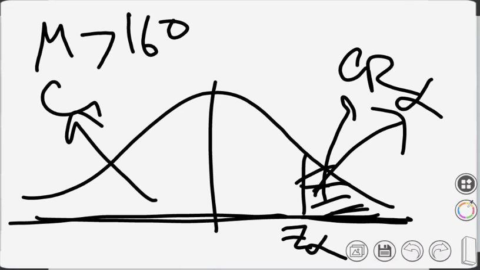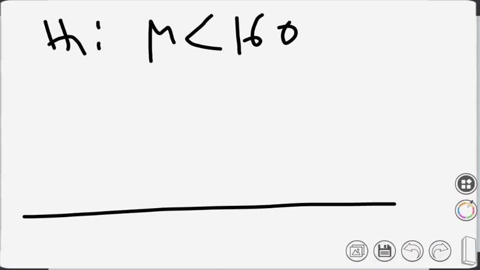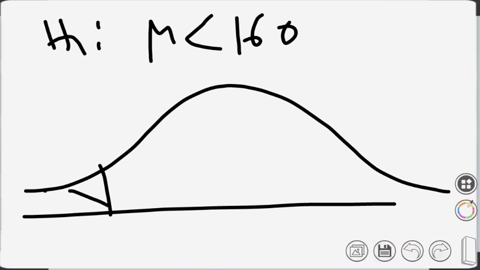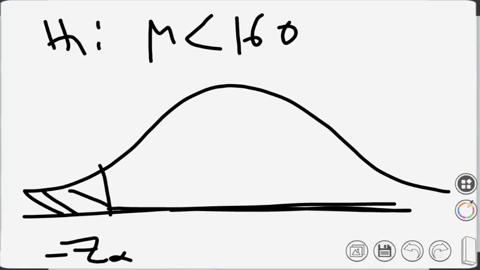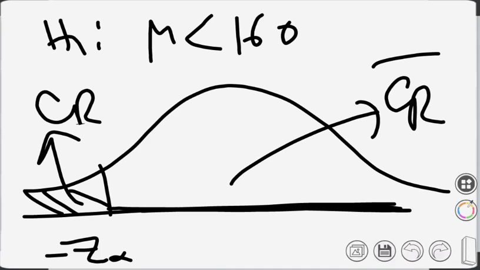So it will be a right tail test when the alternate hypothesis is greater than, and if the alternate hypothesis is mu less than 160, then it will be a left tail test. So this will be minus Z alpha. This is your acceptance region, that is CR bar, and this is your critical region, that is CR, and this area will be alpha.